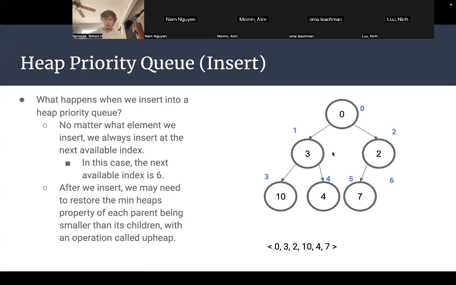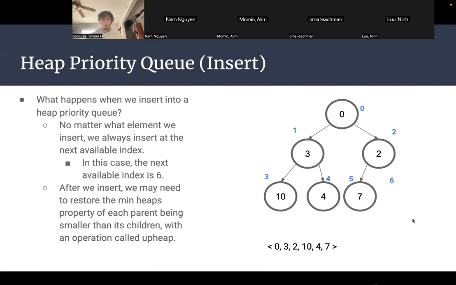For now, what you need to know the most is that we insert in order to make this tree as ideal as possible. For instance, if we are inserting into this tree that we have on the right, we are going to insert at the next greatest unfilled index, which in this case is going to be 6. Imagine we put something at 6, the next insert is going to happen at 7, and then 8, and then 9, 10, and so on, all the way until we fill up a level.